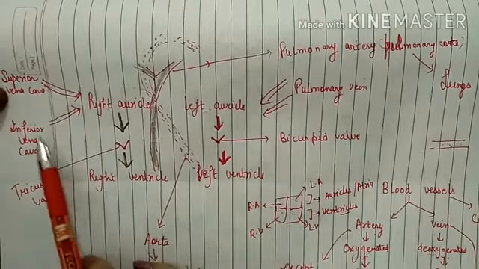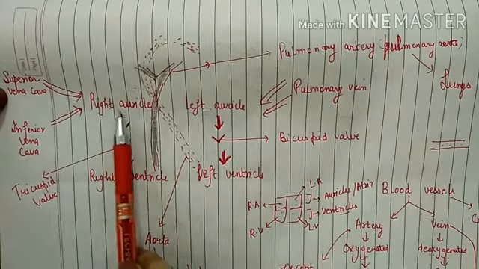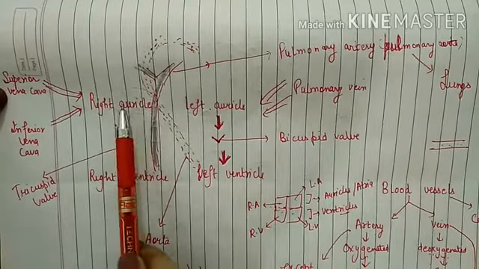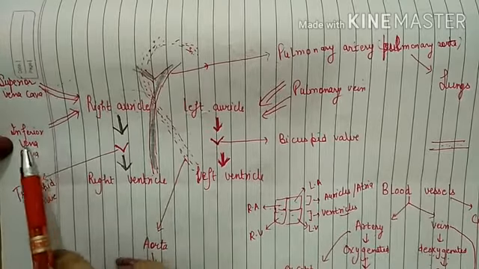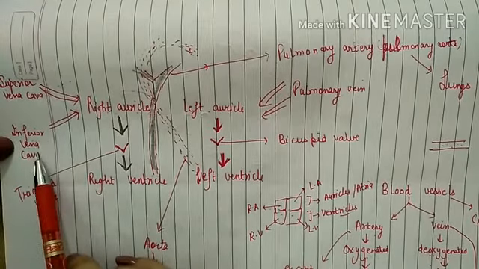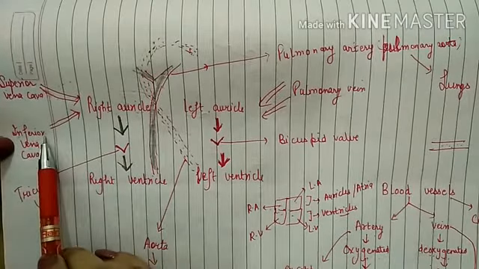This vena cava is of two types. As I have told you, the right auricle receives the blood from the upper body part and lower body parts. So the vena cava which will carry the blood from the upper body part is known as the superior vena cava, and the vena cava which will carry the blood from the lower body is known as the inferior vena cava.